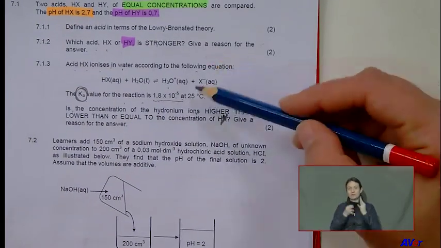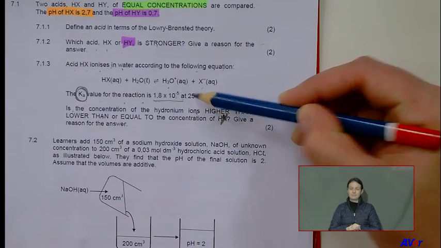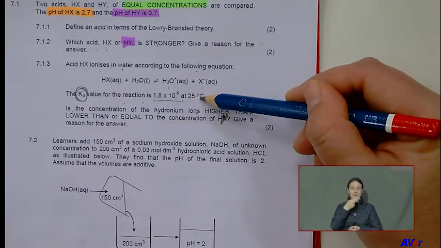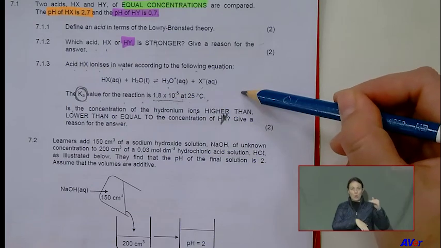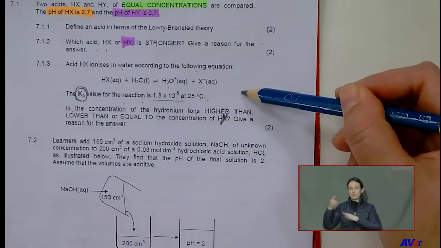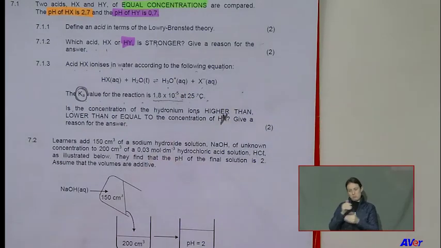Now, the concentration of HX will be lower than the concentration of HY, correct? Yes, because we just concluded that HY was the stronger acid. So HX will have a lower concentration of hydronium than HY. Give a reason for your answer.